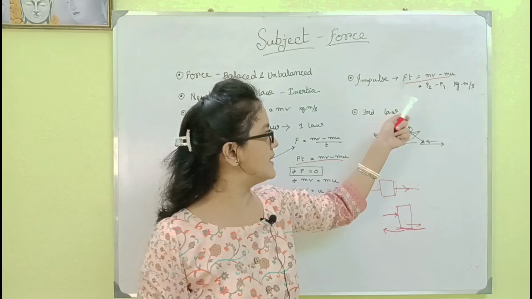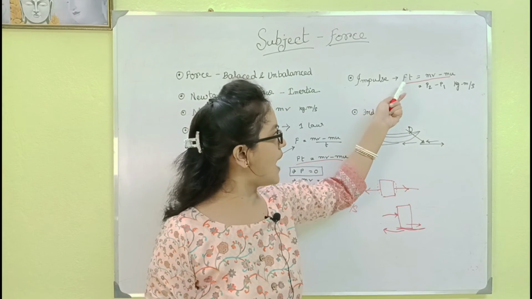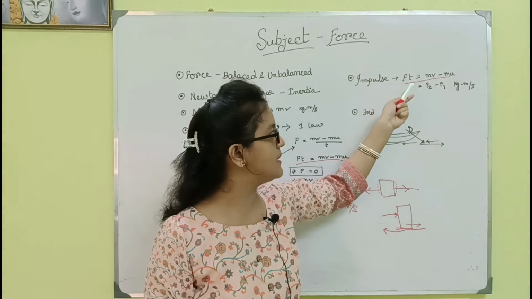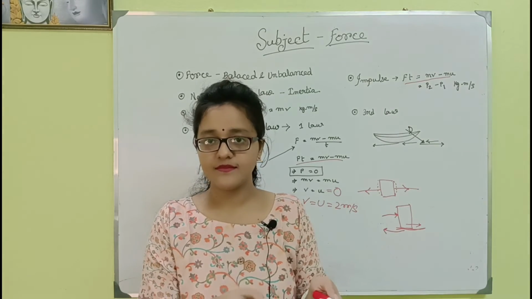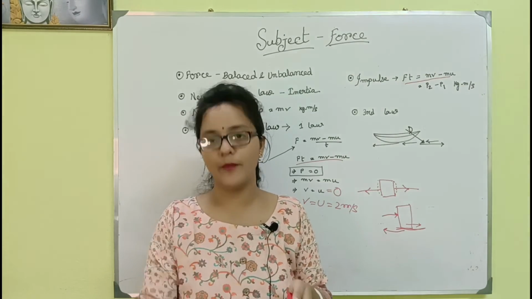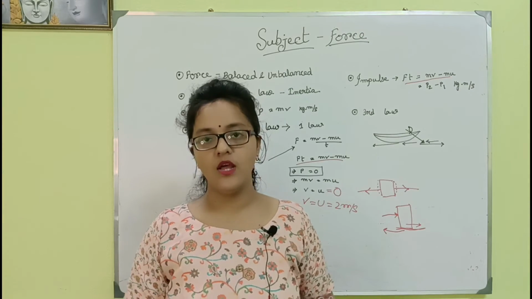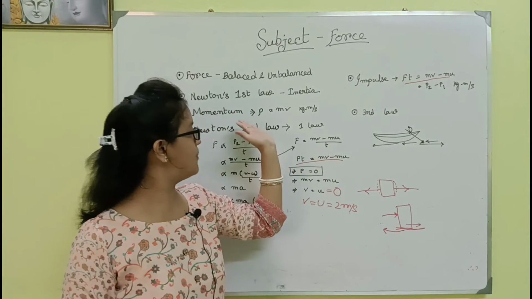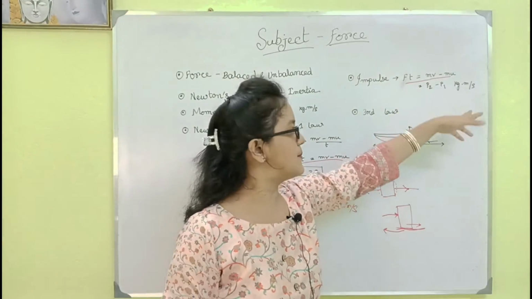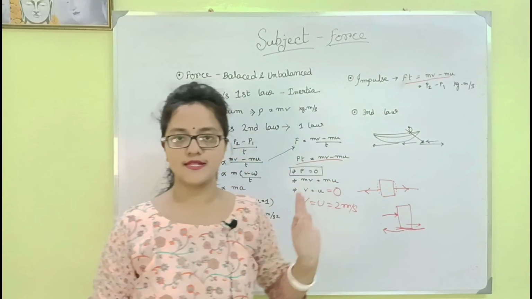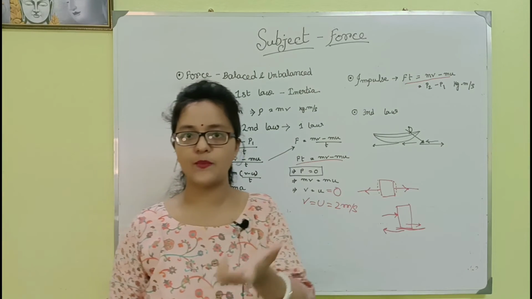So impulse is the product of force and time, and it is also the change in momentum, p2 minus p1. The SI unit of impulse is kg meter per second.